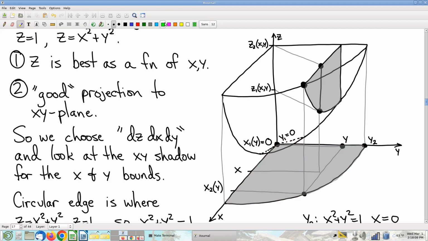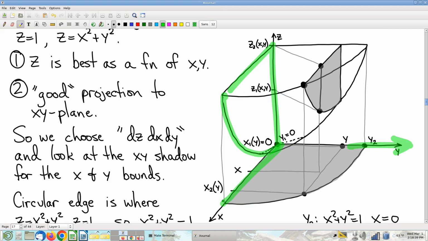Let's slice up our solid arbitrarily just in the y direction, just because that's how I have the picture drawn. The first slice in the y direction is that. Now let me ask the same question: what is the first slice if I were slicing up the shadow instead? Well, it's immediately below the first slice of the solid. They have the same y-coordinate because this is immediately below that.